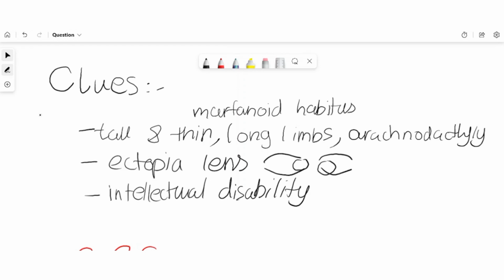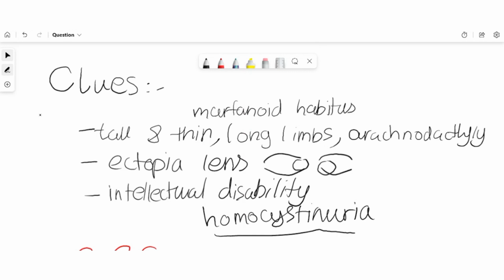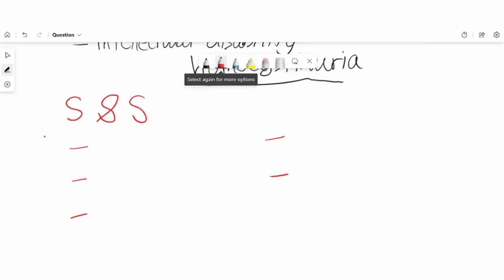Now with these three clues, we should have our diagnosis by now, which is homocystinuria. Now let's go through some of the signs and symptoms that we commonly see in homocystinuria. The first of which is something that is actually present in this patient, which is ocular anomalies. These could be things like myopia or ectopia lentis.